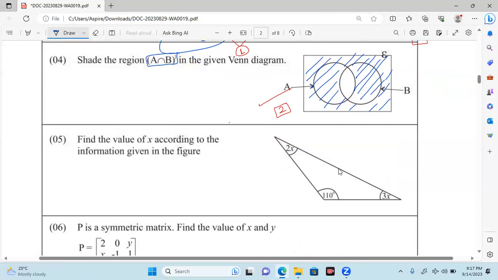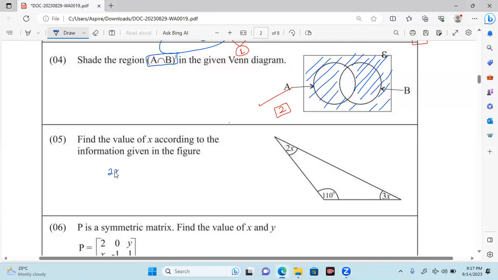Okay. Now, actually here, what is this one? It is a triangle, no? Then what you have to do? We have to sum up all the interior angles, and it is equal to 180.